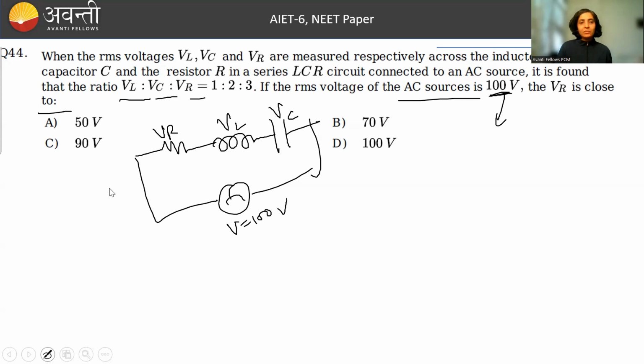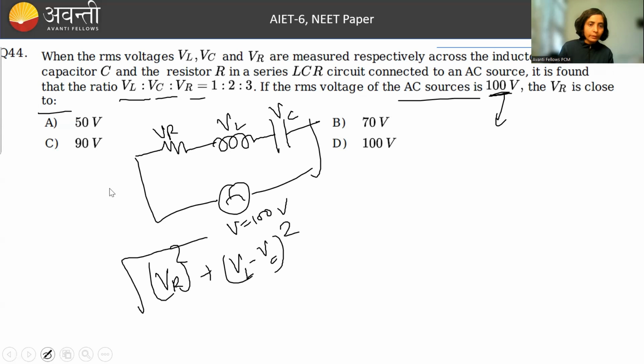In electricity, we are in the habit of adding voltage like a scalar quantity, but this is an AC thing. It should get added vectorially. And how do we add it? VR square plus VC minus VL whole square, whatever you do here, it is square so it won't matter. Ideally we do VC minus VL. So this will be equal to V.